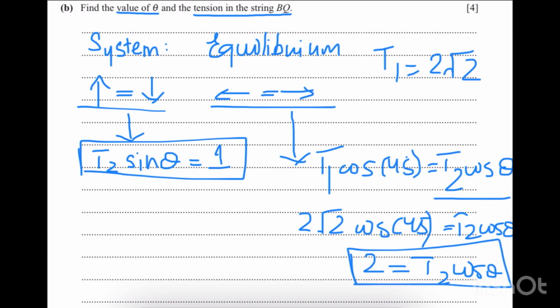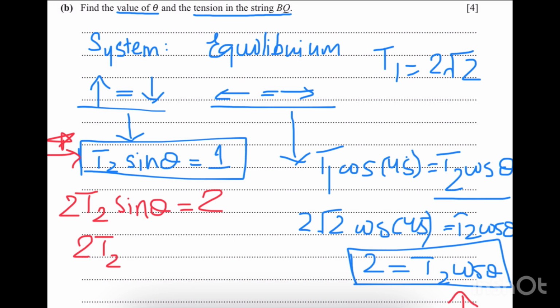Now if you look closely, if we multiply this equation over here by 2, that will mean that 2 times T2 sine theta is equal to 2, and 2 is also equal to T2 cos theta. That means that 2 times the tension T2 sine theta is equal to T2 cos theta.